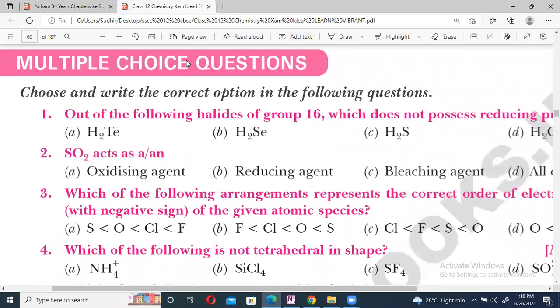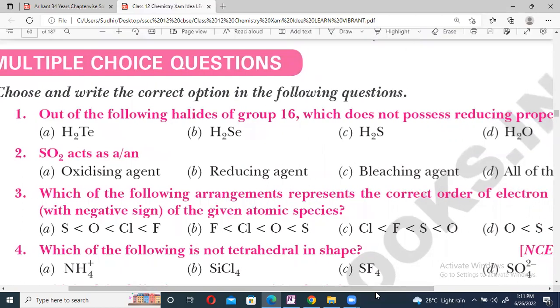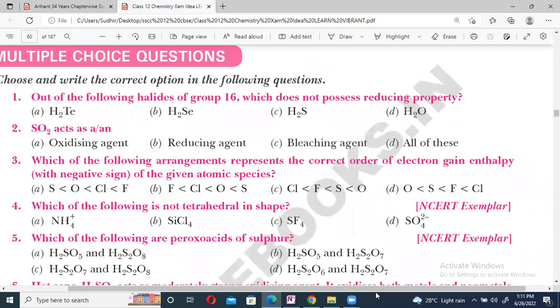Question number 1. In question number 1, what they are saying here is, choose and write the correct option in the following sequence. You are able to see? One second, I will minimize it. Now it's okay.